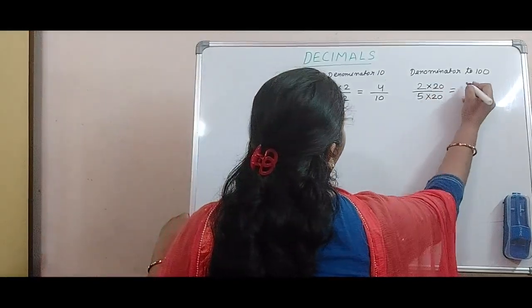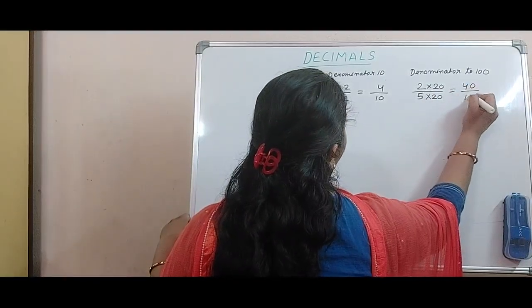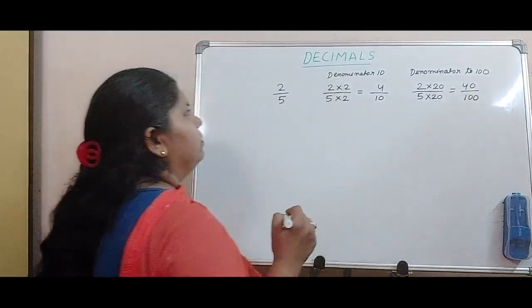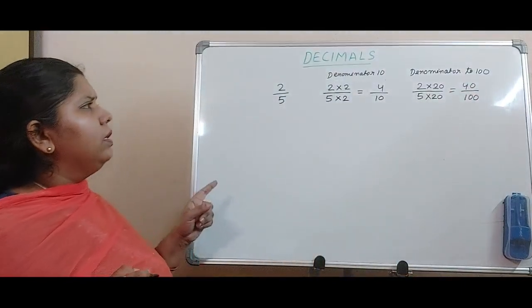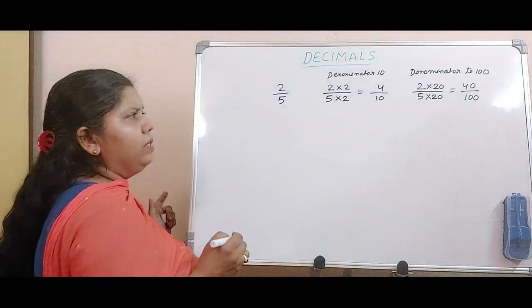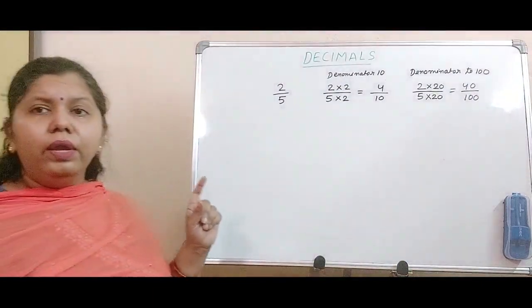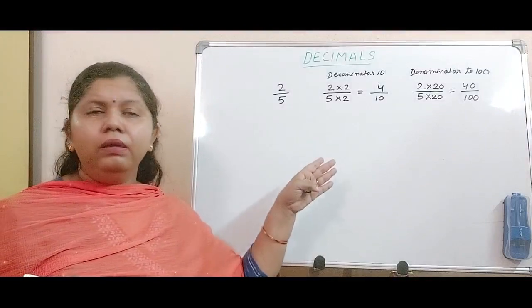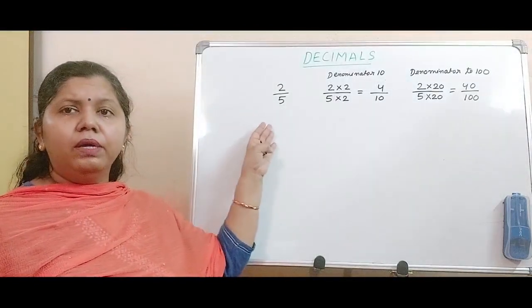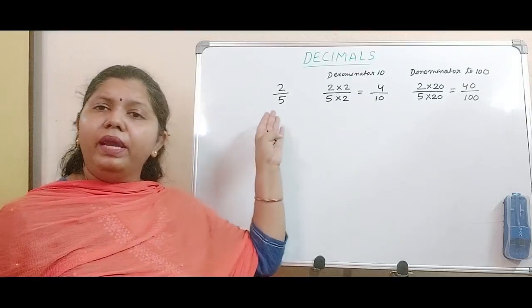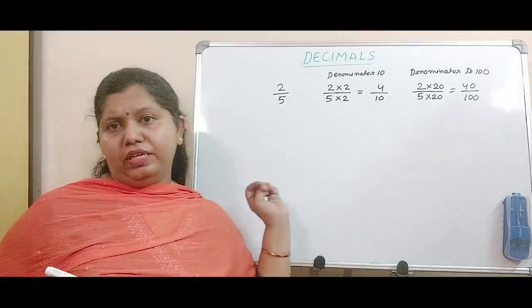Then what are we going to get? We are going to get 40 by 100. Now similarly, we can also convert the denominator to 1000 or 10,000. So we go on multiplying accordingly, meaning you have to multiply a number with the denominator to make it into a decimal fraction.